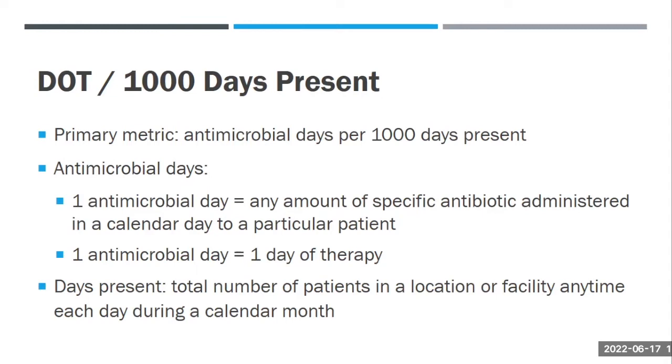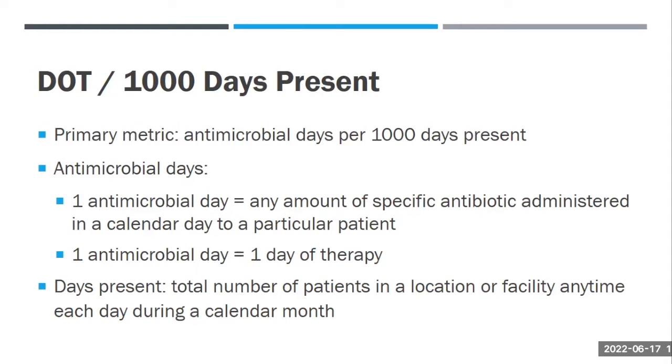The denominator side, though, is going to be days present, which is the total number of patients in a location or facility each day during a calendar month. An important thing to keep in mind is that this is a unique definition, different from patient days. Days present means that if they're in that facility for any amount of time during the calendar day, they count as one denominator for that unit.